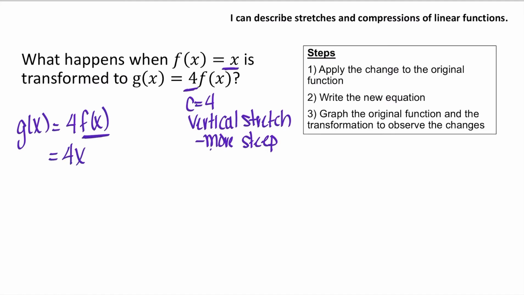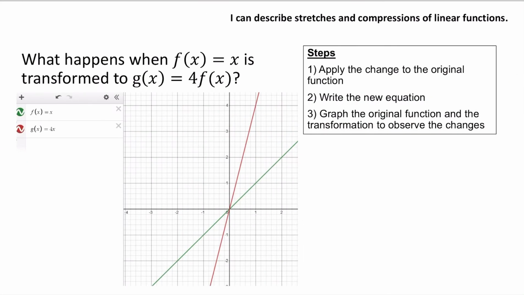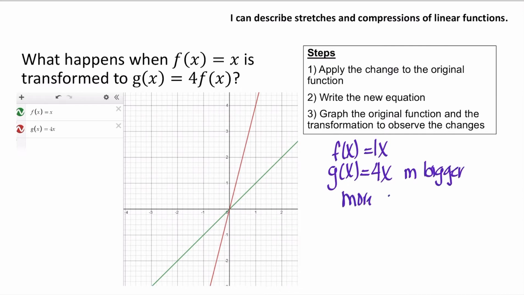So I have 4x. If we graph these two, we have f(x) = x and g(x) = 4x. You can see that g(x) is in fact more steep than the original graph, which is in green. If we compare the slopes of these two lines, f(x) has a slope of 1, g(x) has a slope of 4, so the m is bigger, which is why the line is more steep.